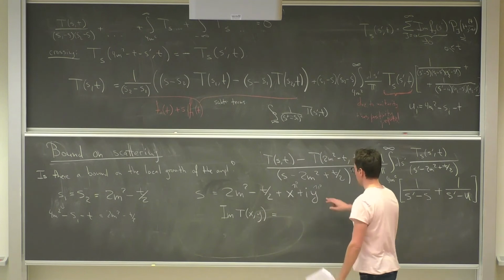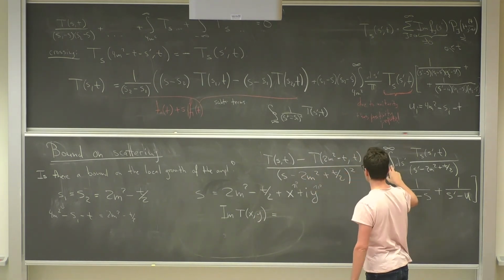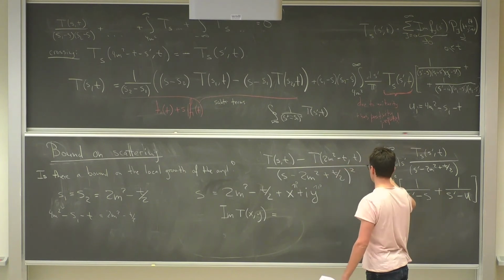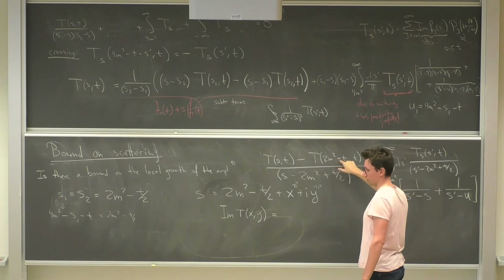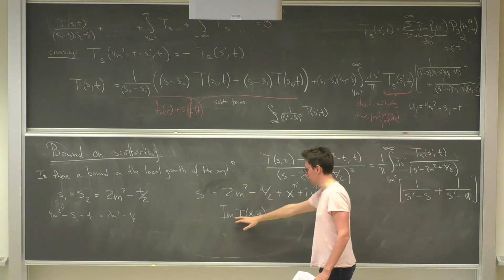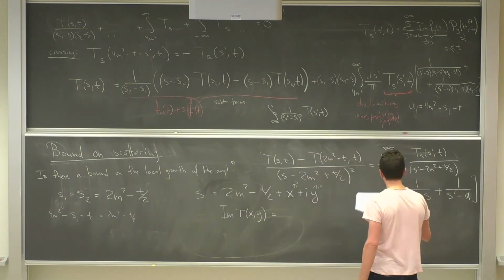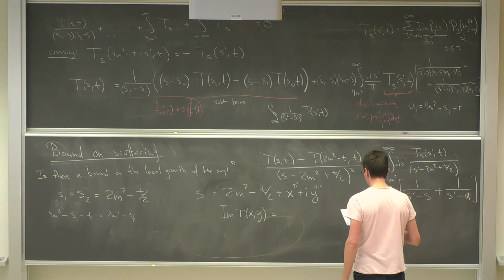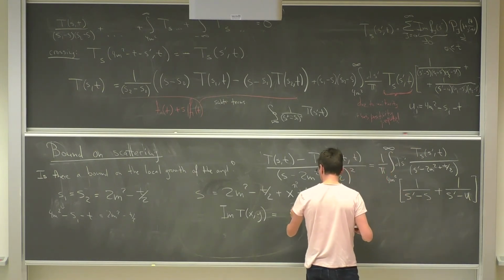And I just plug this formula into this formula. First, let me multiply by this prefactor and move this to the right-hand side. First of all, this t at the crossing symmetric point has to be real. You just believe me. So it does not survive the imaginary part. And what is left is this formula. So this guy is real. So we are left with the following integral.